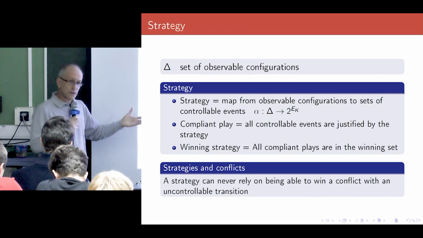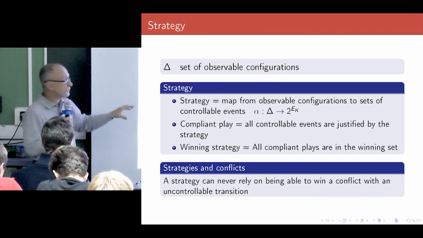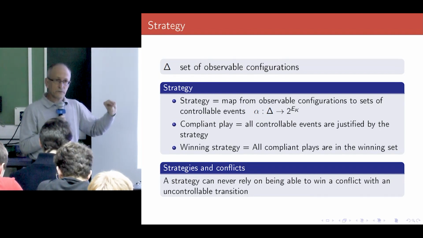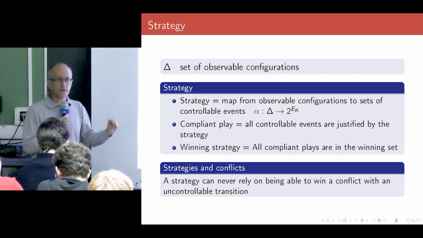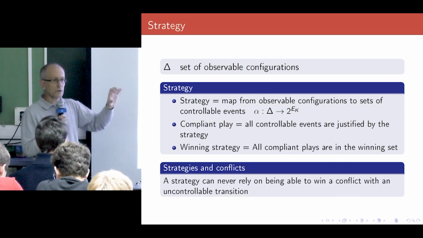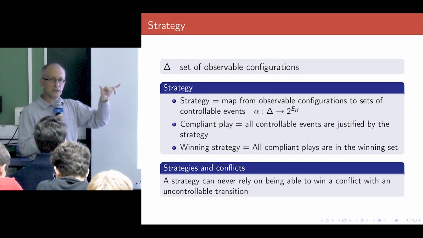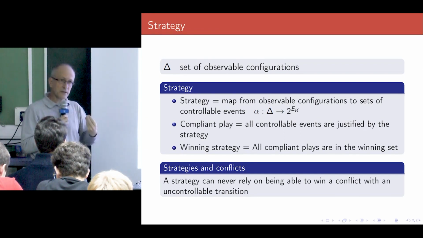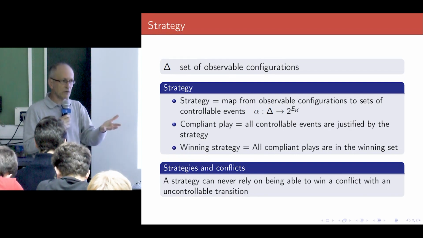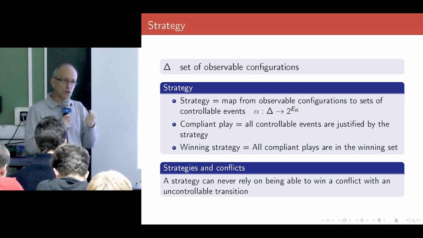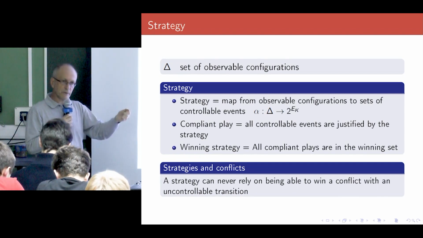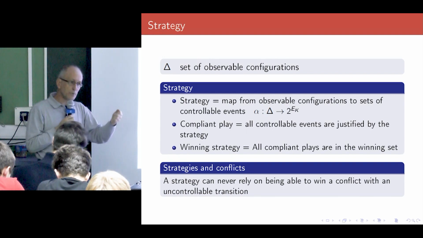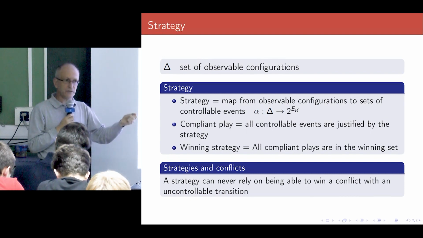Well, a strategy in this game cannot rely on the ability to win a conflict with the environment. If in the model there is a conflict with the environment, then the player cannot hope to win that conflict. His strategy should allow for plays in which the environment wins the conflict and should be able to win even in those cases.